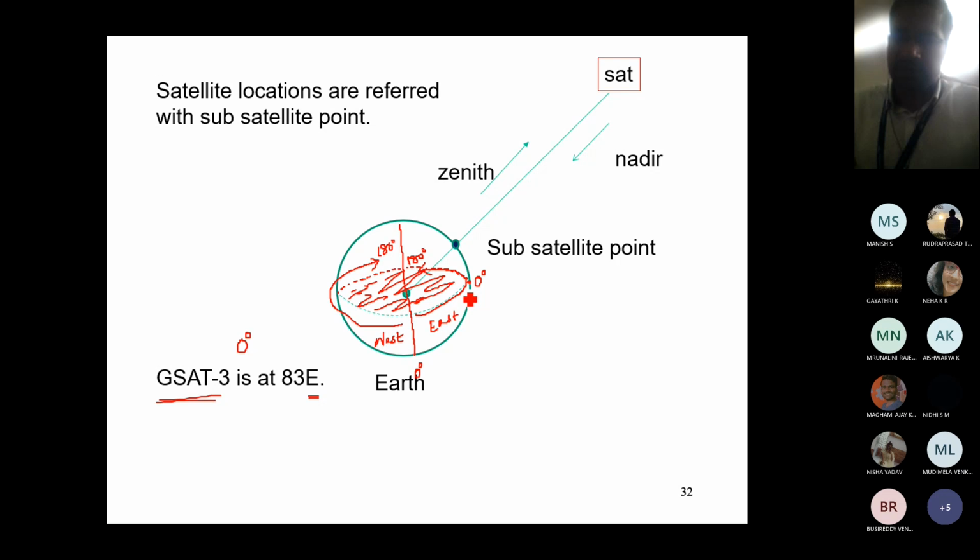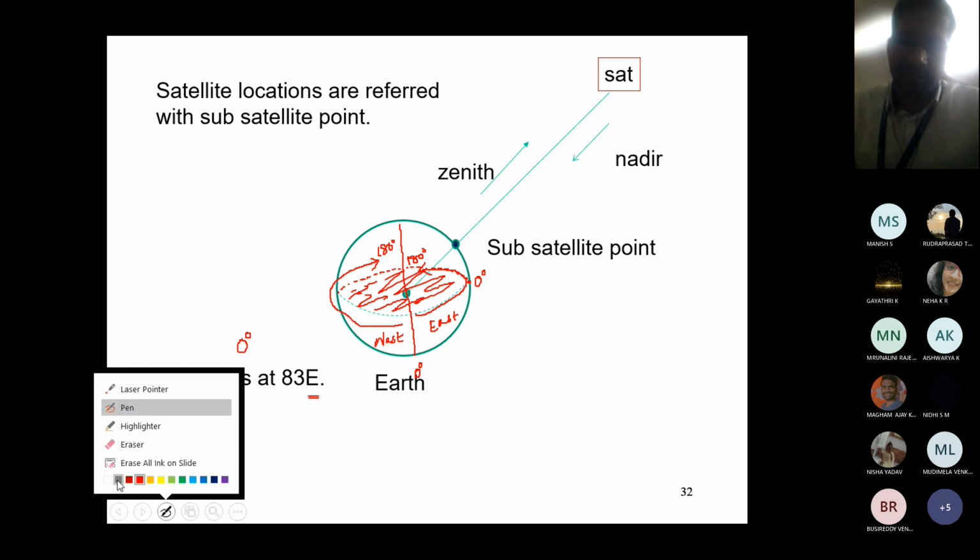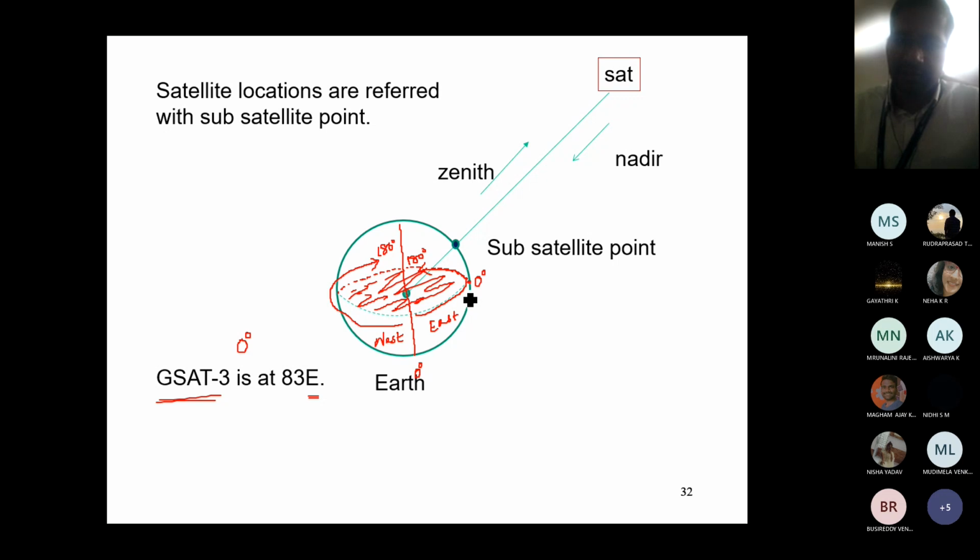So 83 degree will lie somewhere, which I will represent by a different color. It will be somewhere here. That is the longitude. So the 83 degree longitude line will be like this. My drawing again is not perfect, but this is the longitude line, that is 83 degree east.